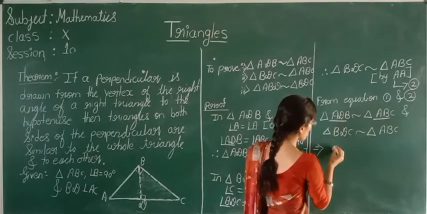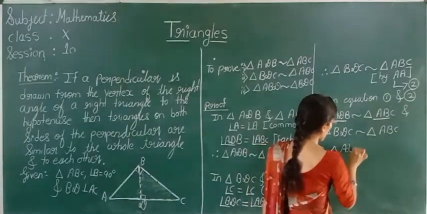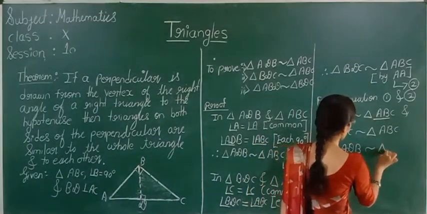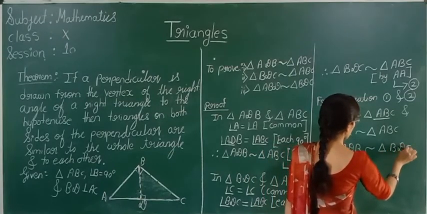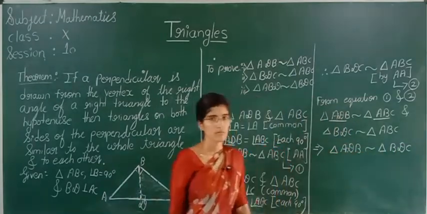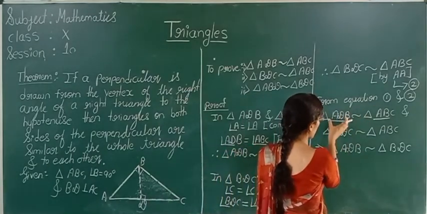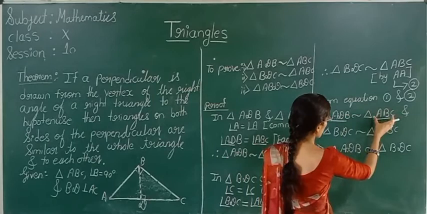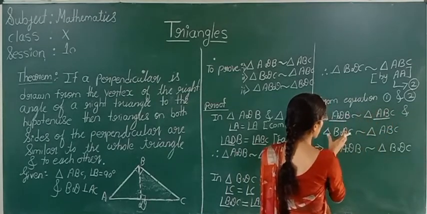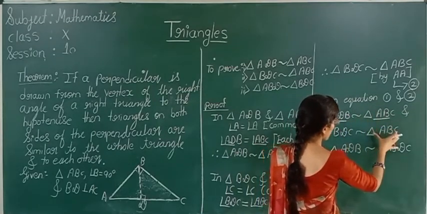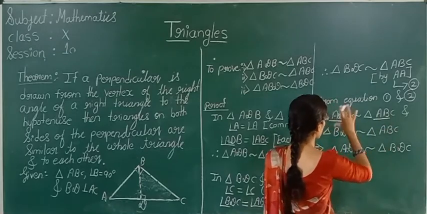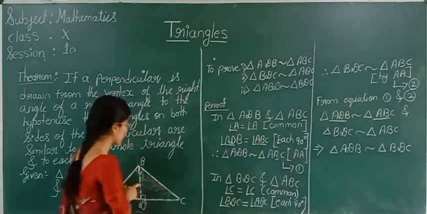Yes or no? This implies triangle ADB is similar to triangle BDC. Right? From equations 1 and 2 we have written triangle ADB similar to triangle ABC, and triangle BDC similar to triangle ABC. Definitely these two triangles will be similar.